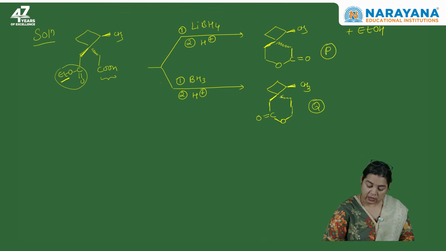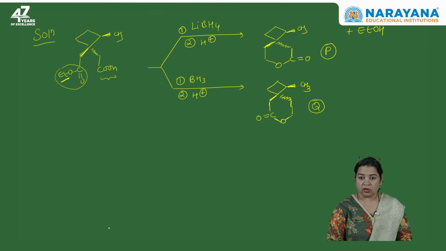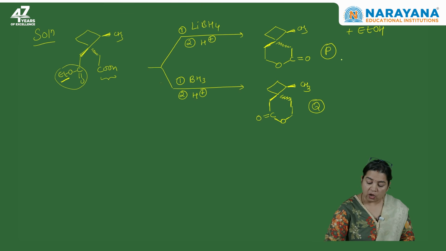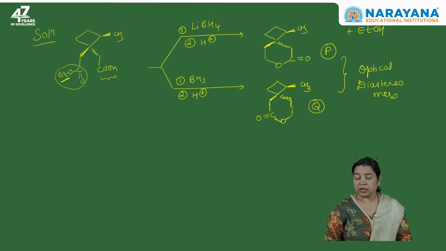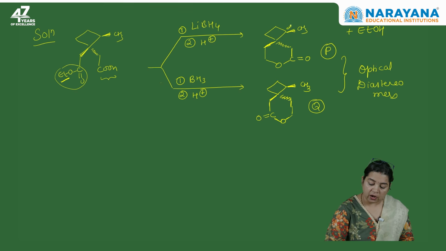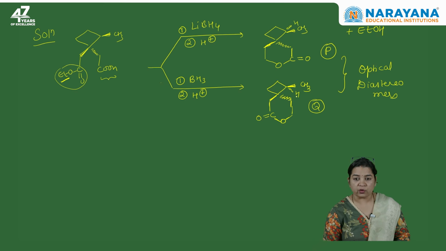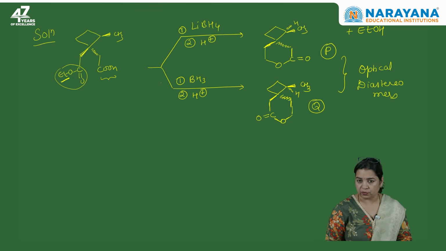Now, if you observe P and Q carefully, yes, you will find them to be optical diastereomers. First thing, observe stereoisomers. But the other method, you could also approach it by RS configuration. If this is on wedge, then hydrogens must be on dash.